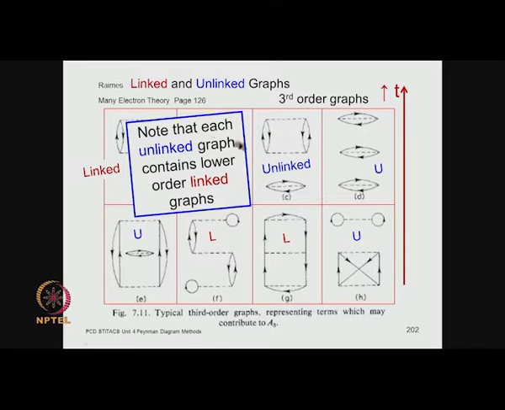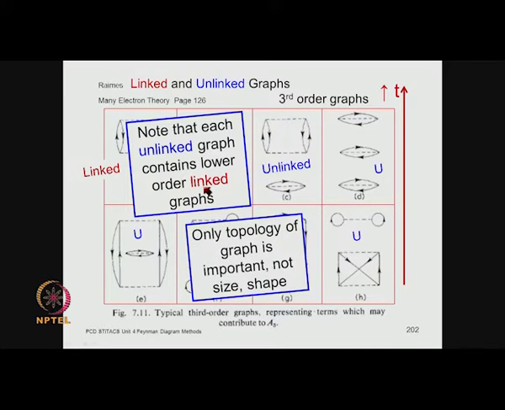What you can see is that the unlinked graphs are made up of lower order linked graphs. This one is independently linked, this one is independently linked, and so on. These are 3 unlinked diagrams, but each is a first order linked diagram. So, all the unlinked diagrams contain lower order linked graphs in general.